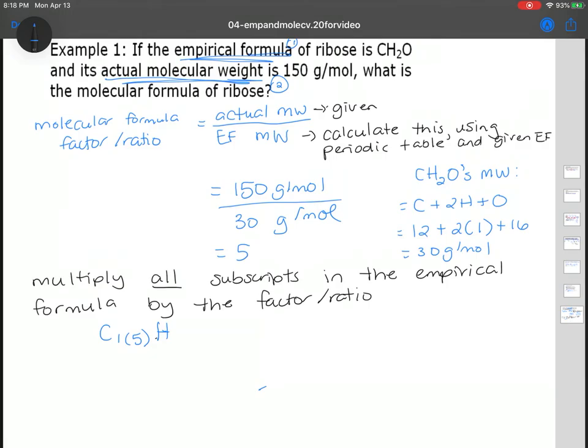So empirical formula has one carbon times 5 is 5. Hydrogen times 2, 5 times 2 is 10. And then oxygen, there is 1. So the molecular formula is C5H10O5. Okay, so no longer is it most reduced. However, this is really what the ribose sugar inside our bodies, in our RNA, looks like.